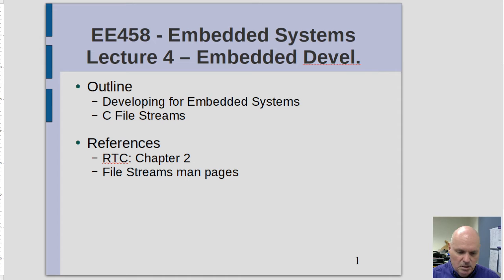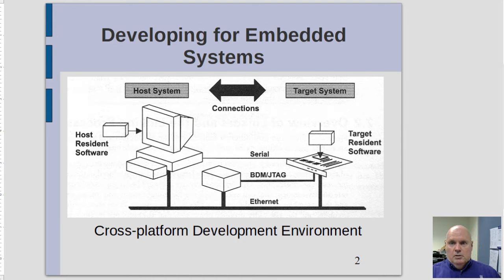So, as you're aware, developing for embedded systems is a little bit different than developing applications for your own PC. Development is done on a host system for a target system. You have to use a cross-compiler, so the process is known as cross-platform development. You use a cross-compiler on the host that produces executables that run on the target.